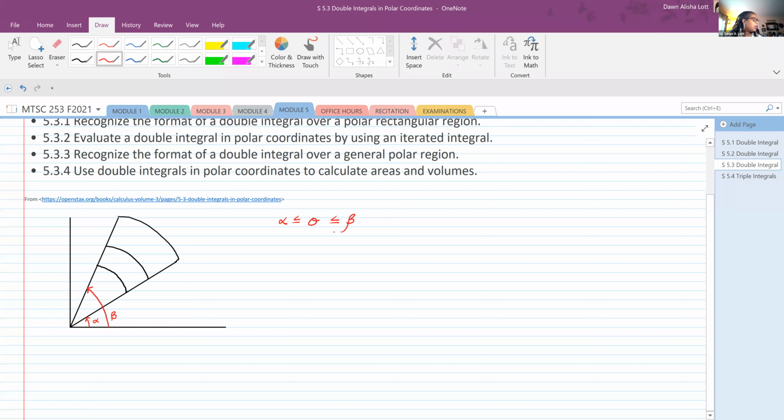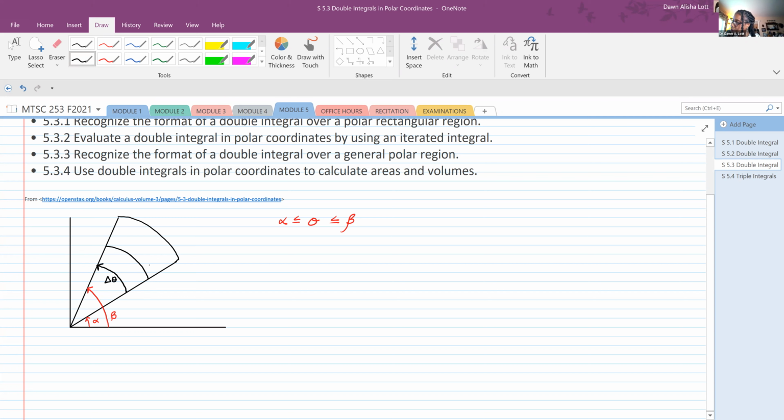Okay, and so I have R equals A to R equals B. So this is R. Oh, this is a delta theta region.